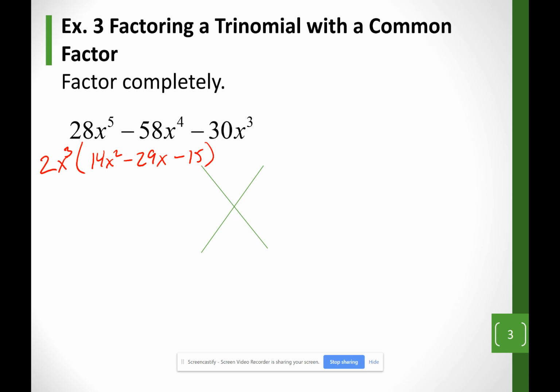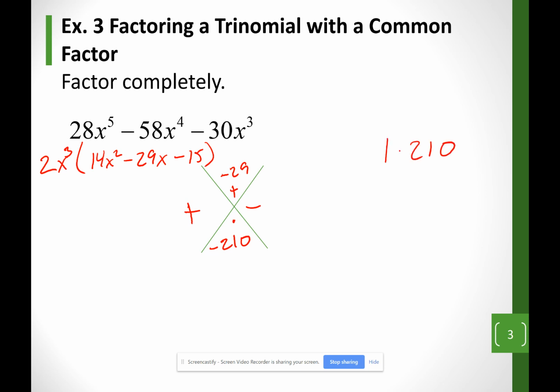So I'm thinking 14 times a negative 15, that is negative 210. I want two numbers that multiplied is equal to negative 210. When I add my numbers, I want them to be negative 29. So they multiplied to a negative, so the signs must be different. Now, factors of 210, I'm going to go 2 times 105.